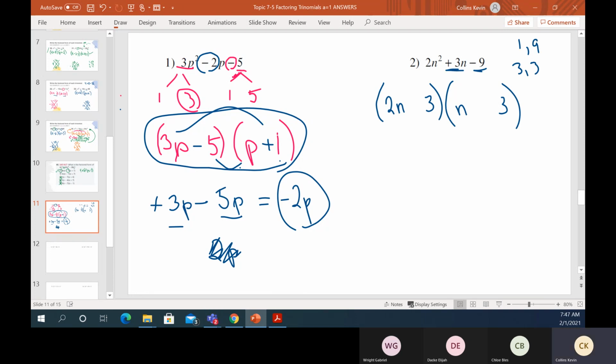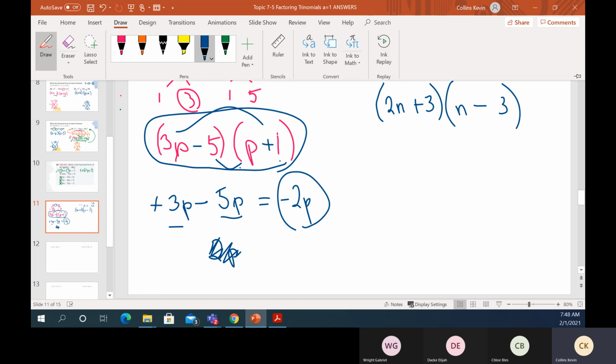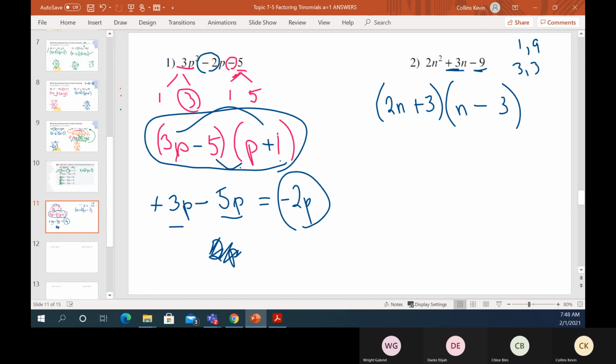So we do positive here, right, and negative here. So again, the thing you want to check is your inside-outside terms. So here, this is going to give me plus 3n, right? So 3 times n is plus 3n. And here I've got 2 times negative 3 is negative 6, and then n. So that gives me minus 3n. So negative for the first, yeah.